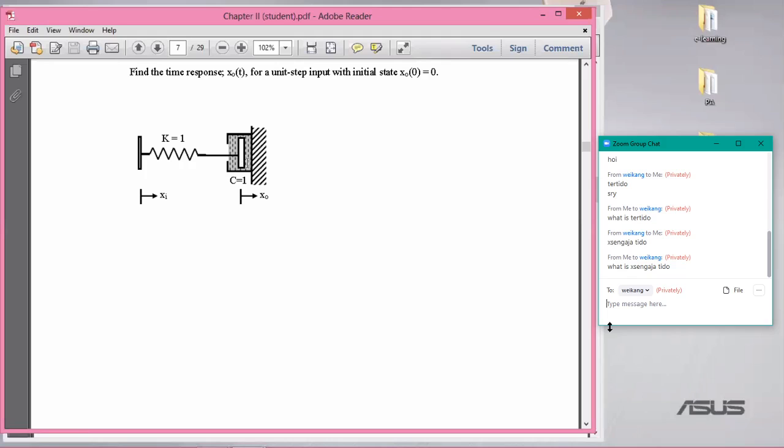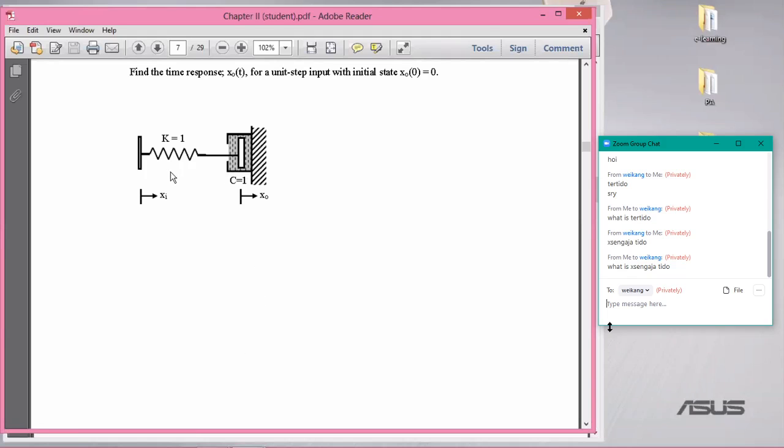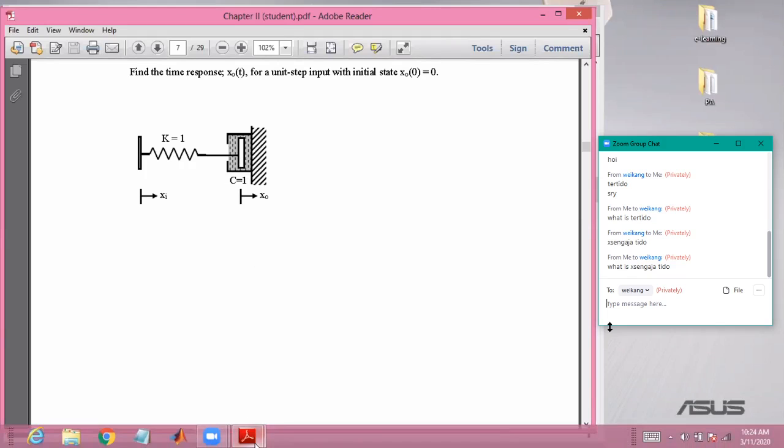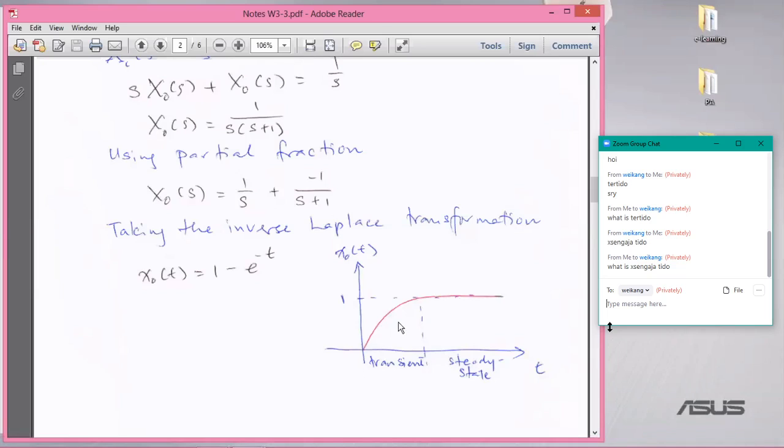So the piston is going to take some time to reach its final value. The final value of the piston is also going to be 1 meter. Just look at the solution here. It's going to take some time, increase until it's equal to 1, and then it has reached its steady state. So that is what you have to go through when you want to solve a differential equation using the Laplace transformation technique. Do you have any questions?